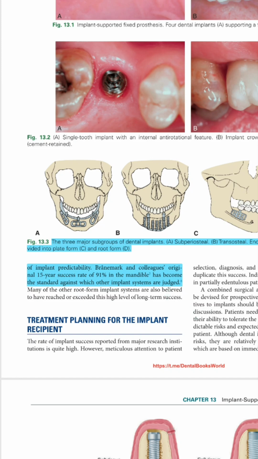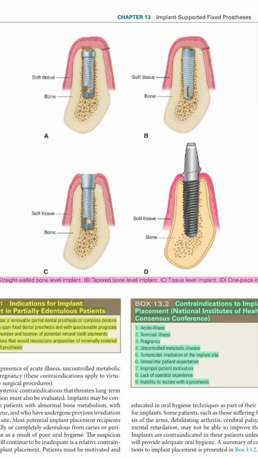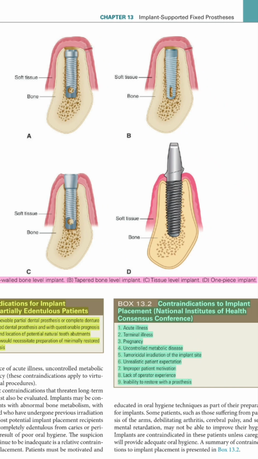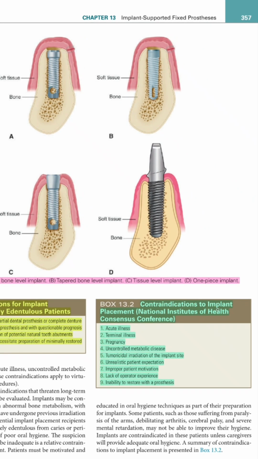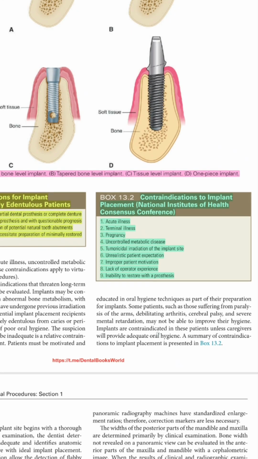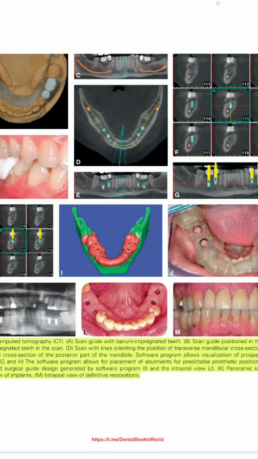That made this protocol of Brånemark and his colleagues the standard of the implant system. Pregnancy is a contraindication for implantation. Also, irradiation of the implant site is a contraindication, as is a patient with unrealistic expectations and poor motivation.